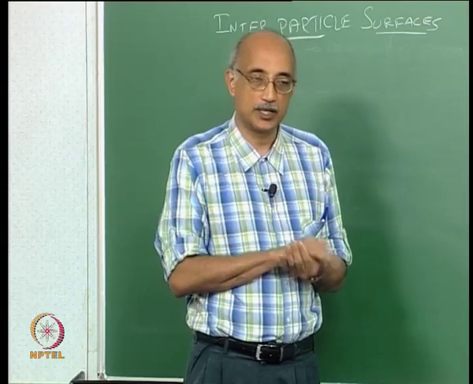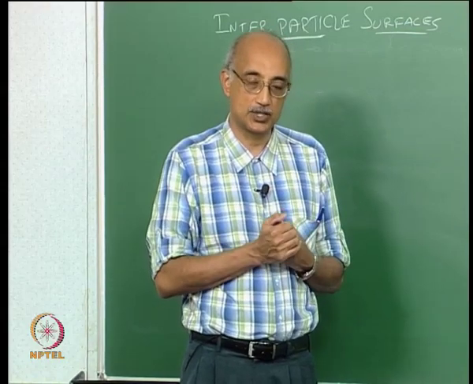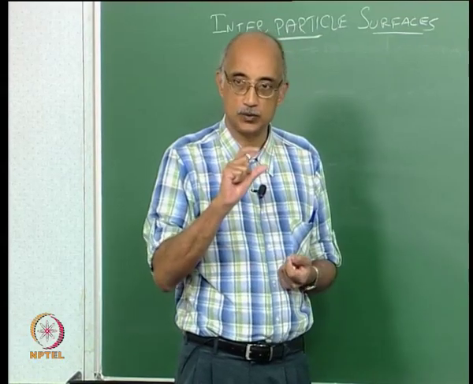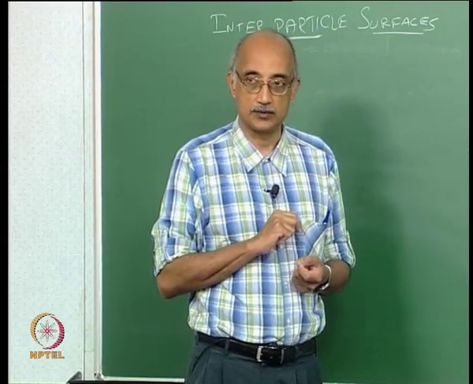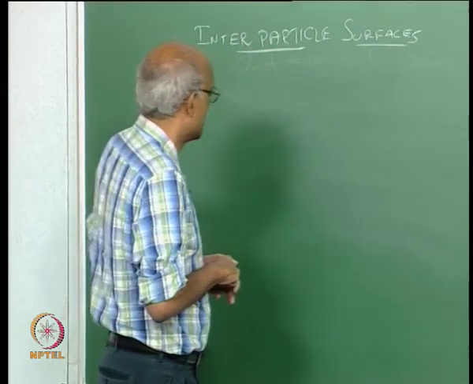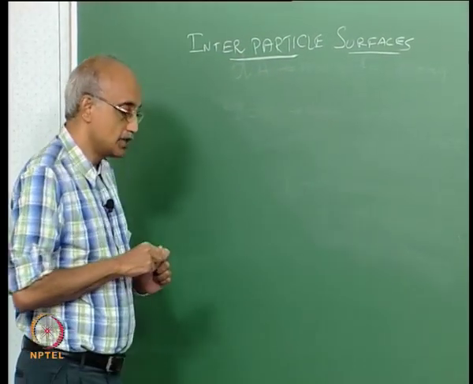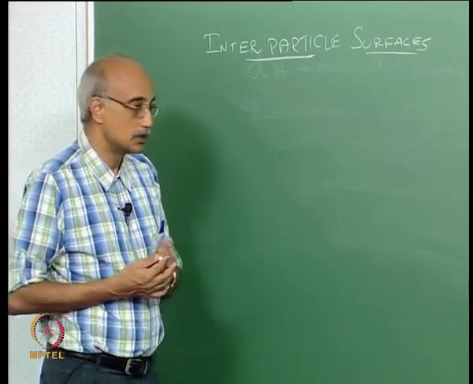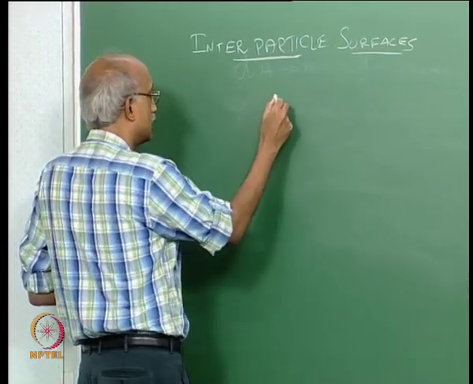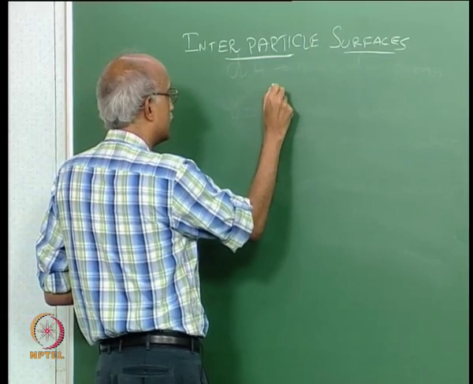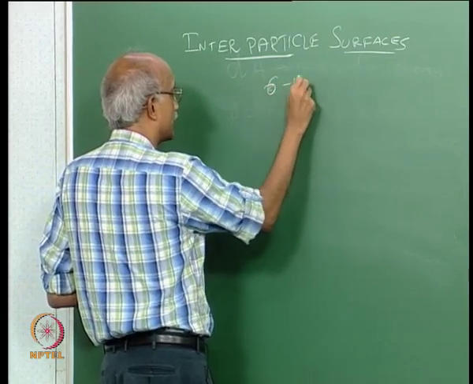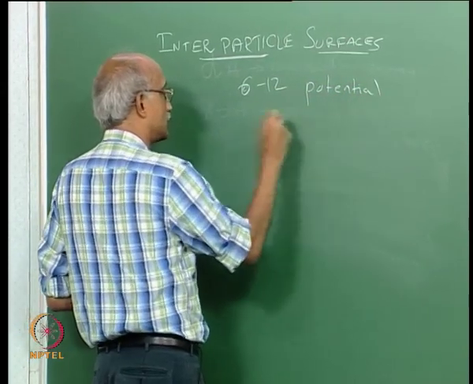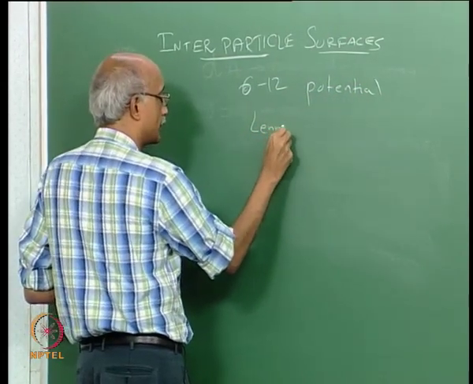And this has huge implications in many manufacturing industries that rely on maintaining a certain space between two virtually contacting surfaces. The interparticulate interaction in the dry state is also called the 6-12 potential. It's also known as the Lennard-Jones potential.